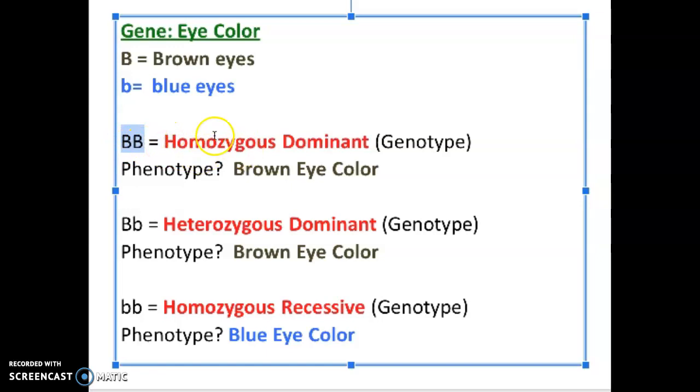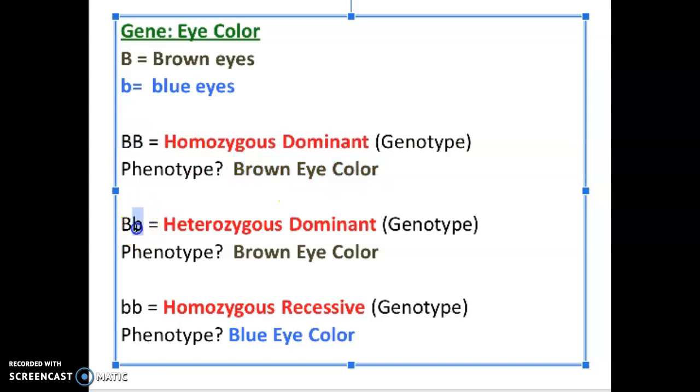So it's gonna be homozygous. And because they're capitalized, it's gonna be homozygous dominant. What does that represent? We look at the capitalized letter. Whatever that letter represents, that is the phenotype that the child is going to express. So in this case, it's going to be brown eye color. So this kid, if he has this genotype, he's going to have brown eyes.